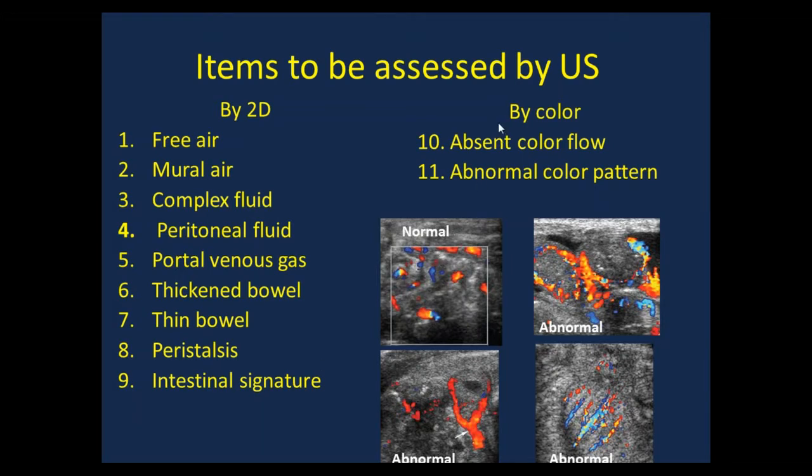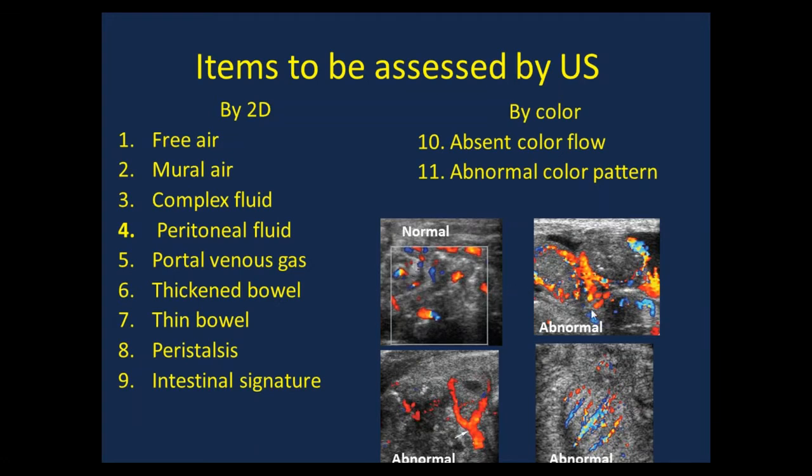And we have also 2 markers by color Doppler. If we apply color Doppler 2 by 2 box of color, the normal looking bowel looks like separated speckles or foci of color, about 3 to 9 separated color speckles.